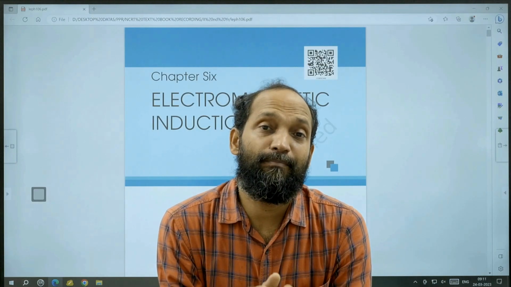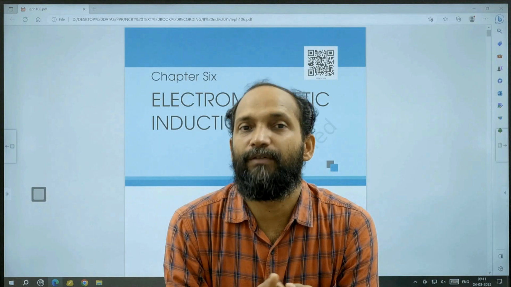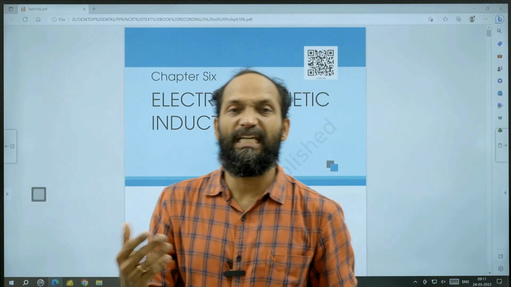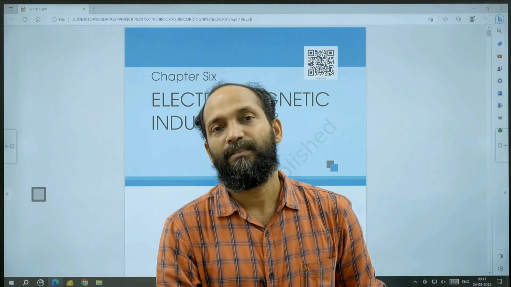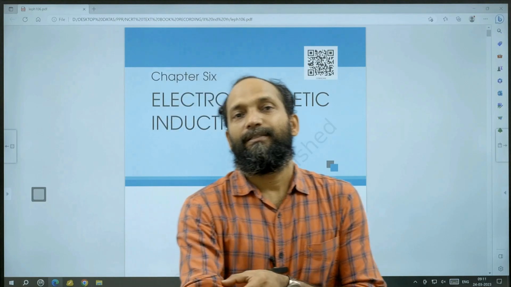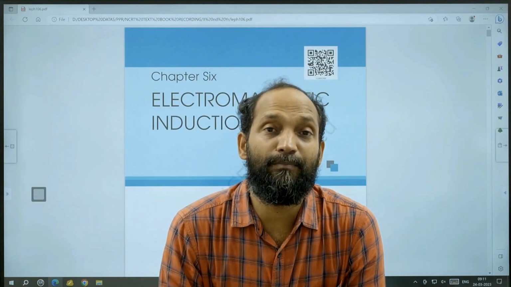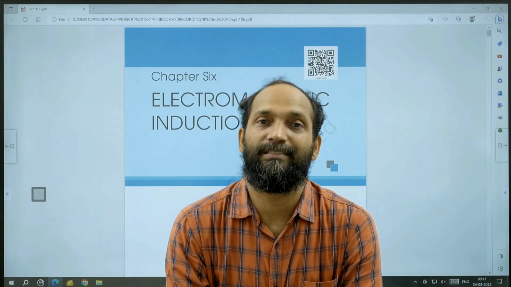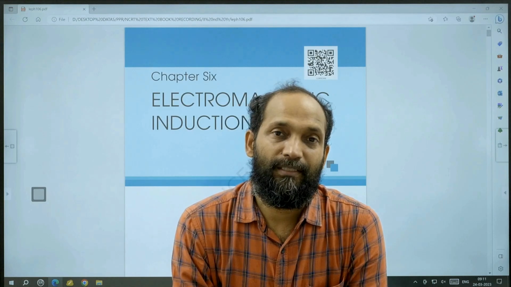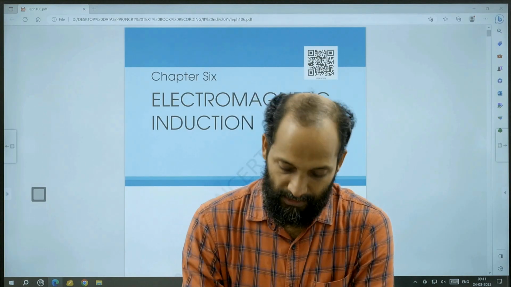Whenever magnetic flux linked with this closed coil changes with time, there is an induced EMF at the ends of the coil. If the circuit is completed, that induced EMF generates an induced current. Okay, and that is Faraday's law of electromagnetic induction.